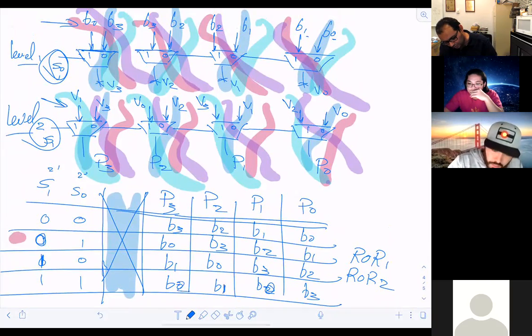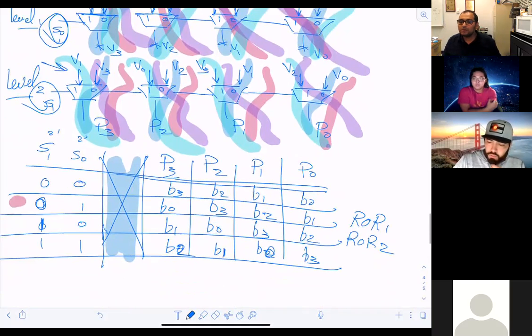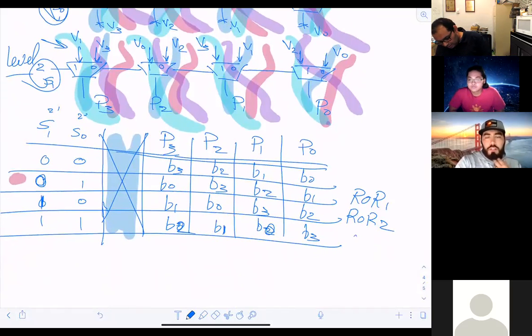Yeah, now it makes sense, right? Because in P2, I'm going to have V0, and V0 is going to be B1. Then in P3, I'm going to have V1, and V1 is going to be B2. So this is rotate right 3.